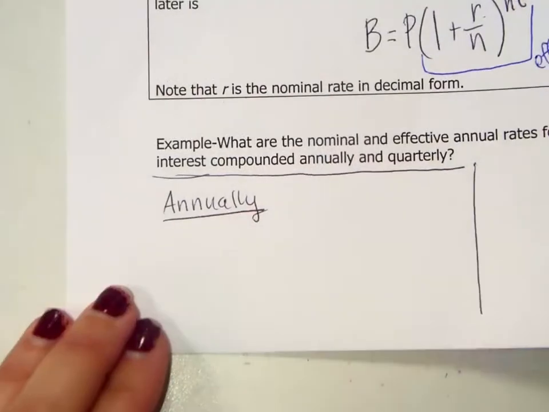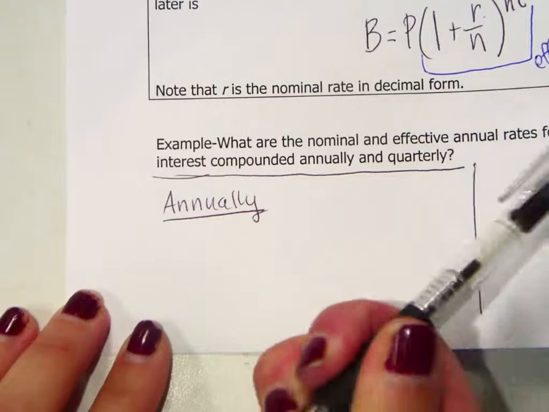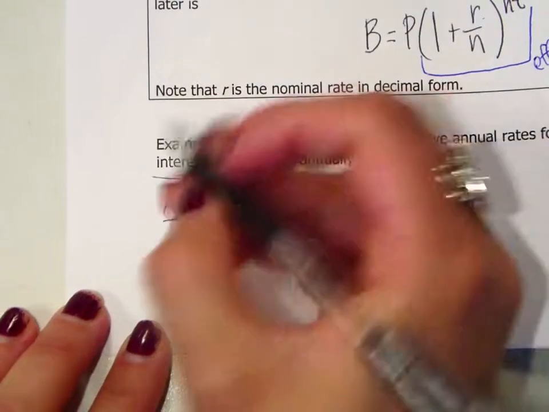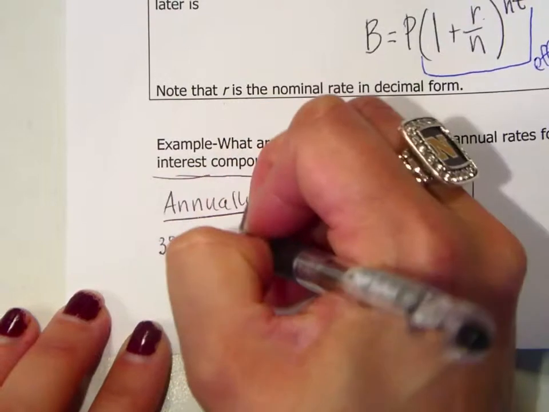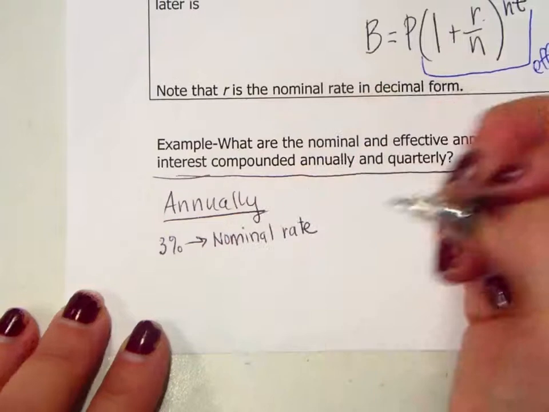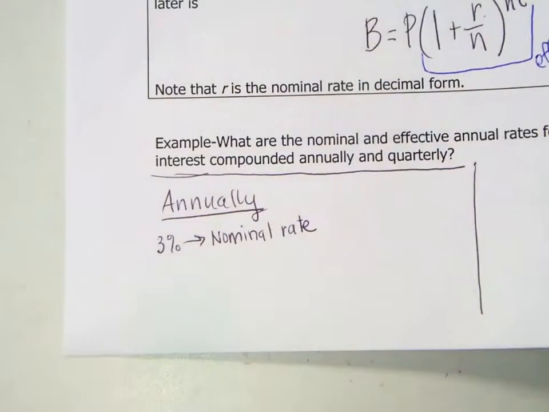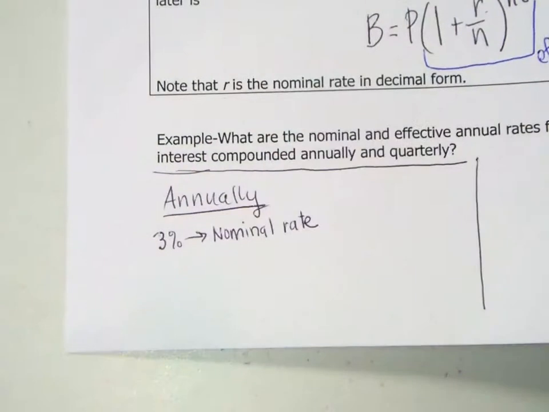So the 3% annual interest, that is your nominal rate, regardless of how often you compound. That annual rate is your nominal rate. It's just another name for it.